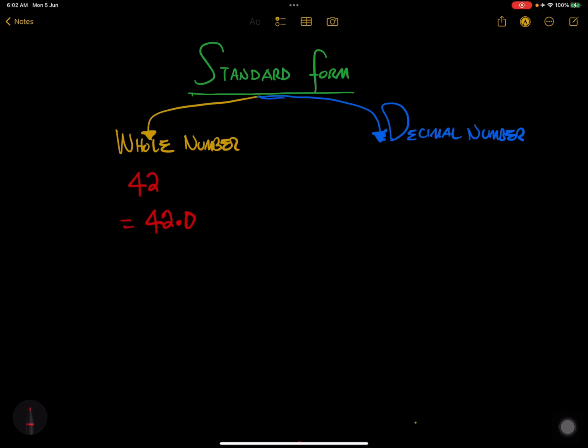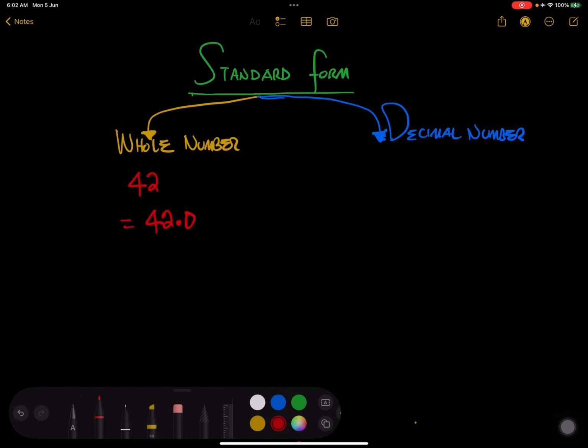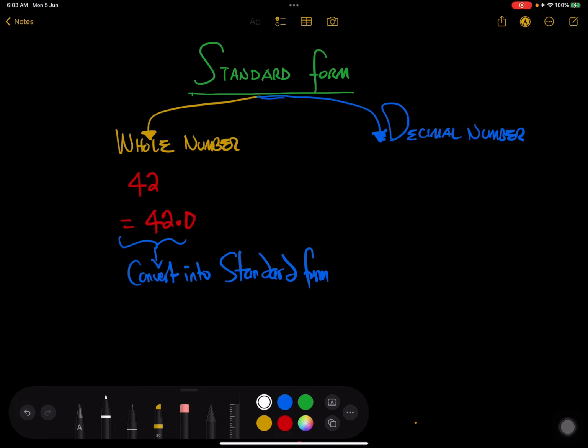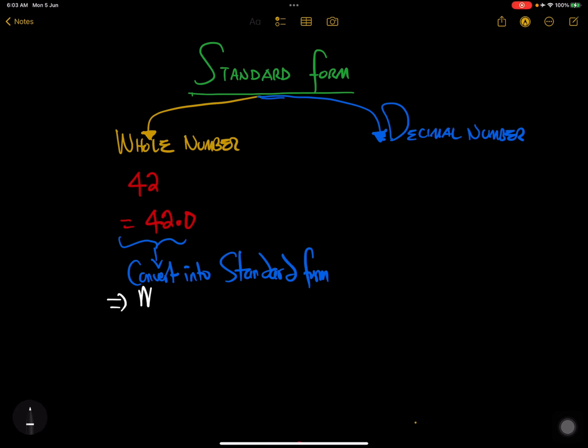Now, for us to be successful at converting this into standard form, what we will do is move the decimal point to our left.